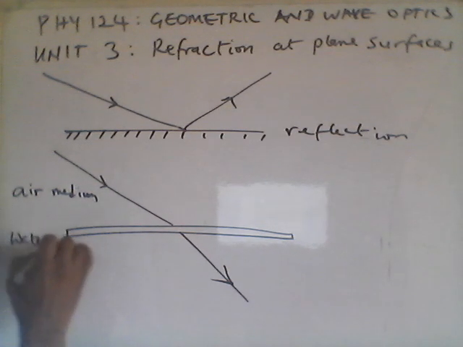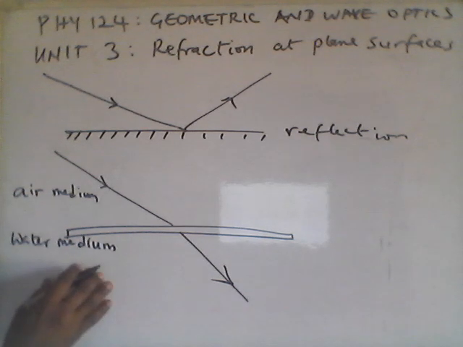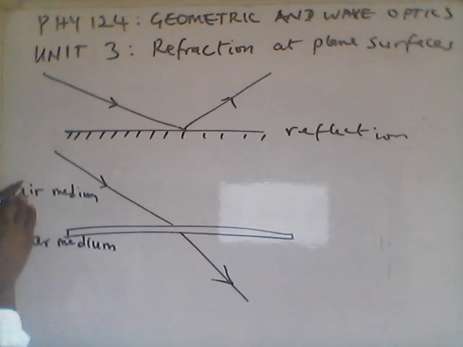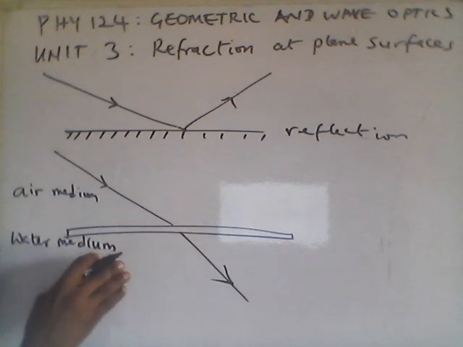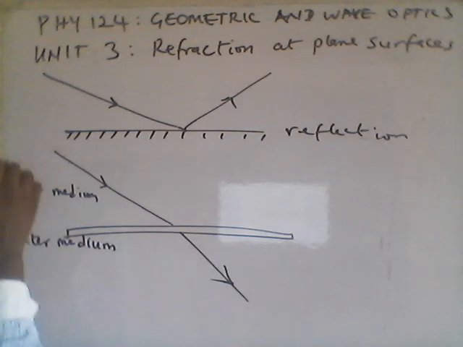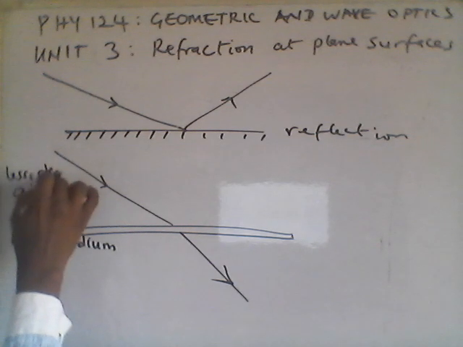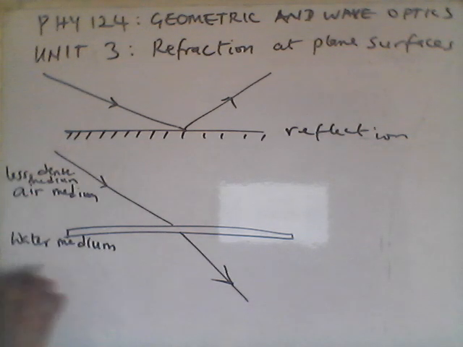Now agree with me that these two mediums have different densities. The speed of light in the air medium will be faster than the speed of light in the denser medium. So the air medium is the less dense medium, and the water medium is the more dense medium.